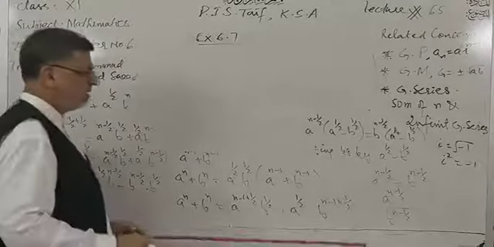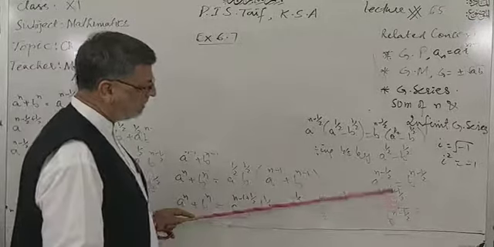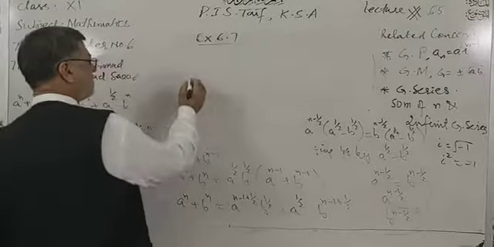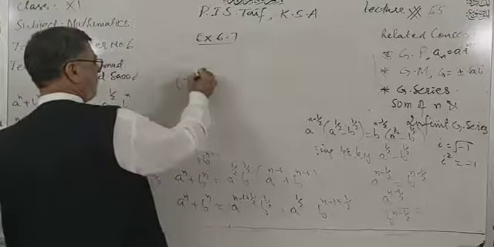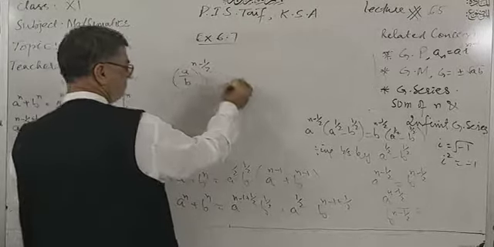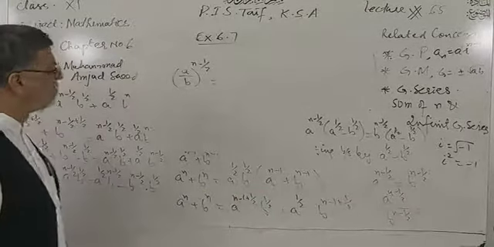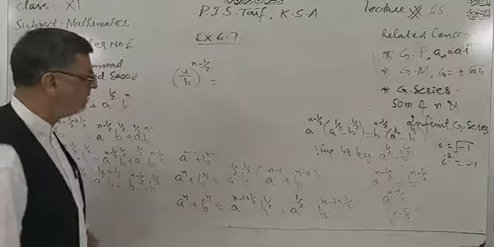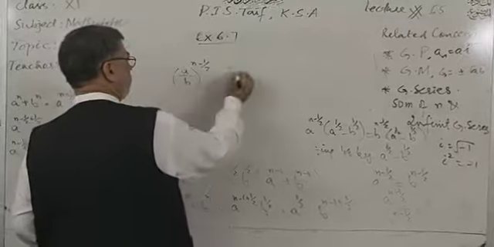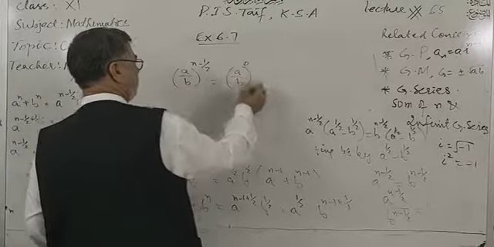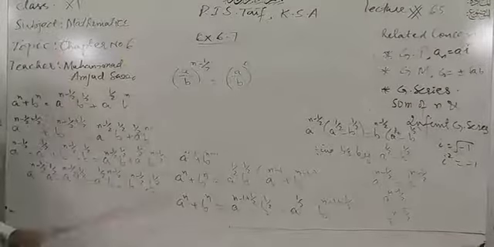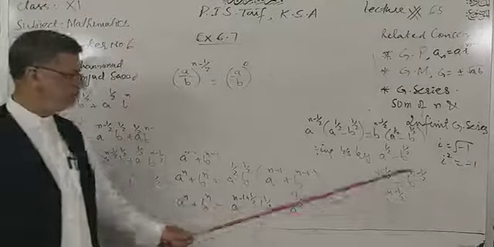Remember that a^(n-1/2) and b^(n-1/2) both have the same powers, so you can write down the combined power. And 1 is anything to the power 0, so you can write (a/b)^0, which is equal to 1.